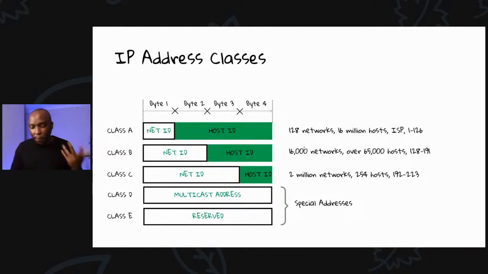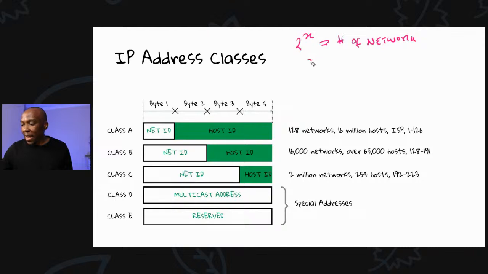I'm going to put the formula here, but we're going to cover it later on in more detail. The formula is 2 to the power x is equal to the number of networks, right? Where x is equal to the network ID bits. So what have I said?